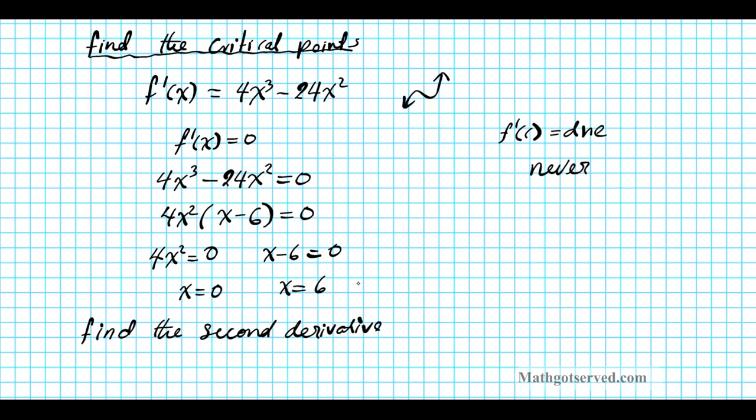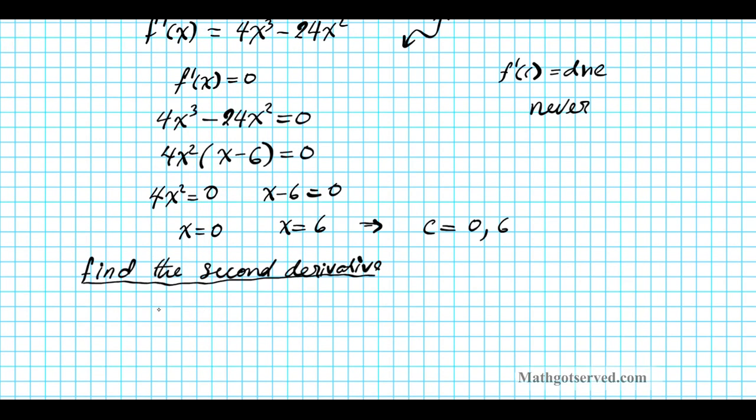All right, so in this situation, we can just say our C's for the critical points are 0 and 6. Okay, so let's find the second derivative, and then we can do the test. F double prime is simply going to be, we're differentiating this function up here: 12x to the second power minus 48x.